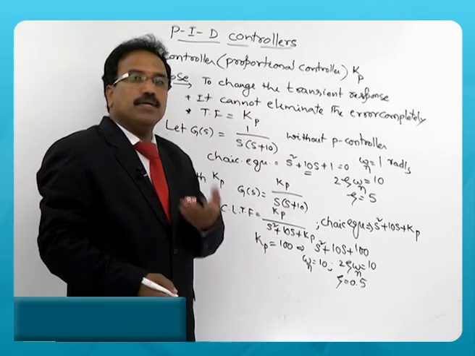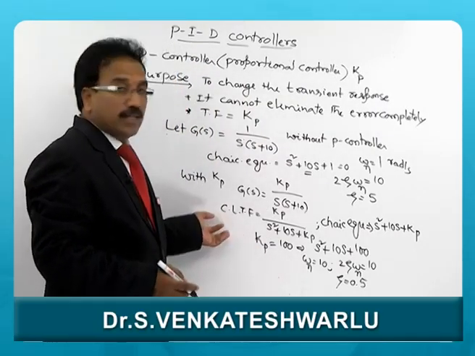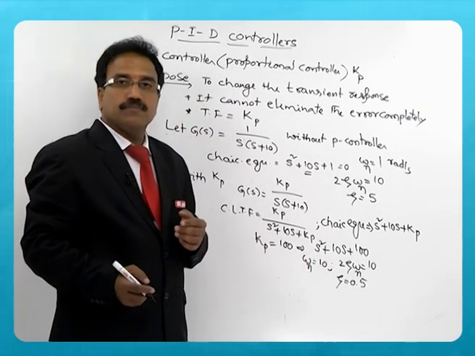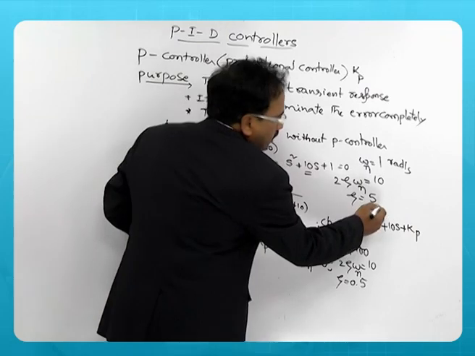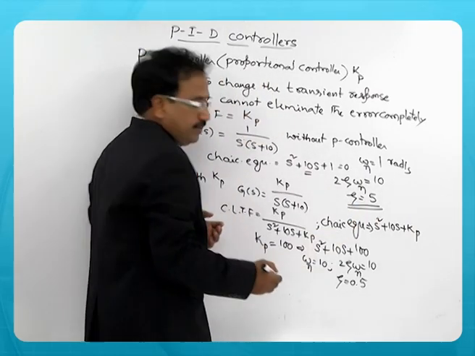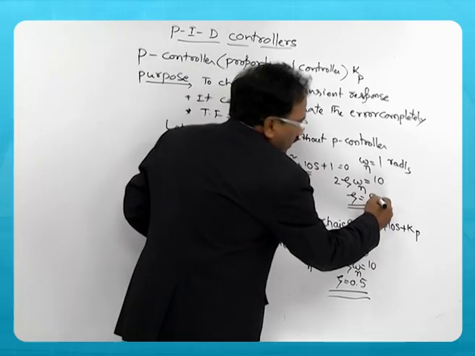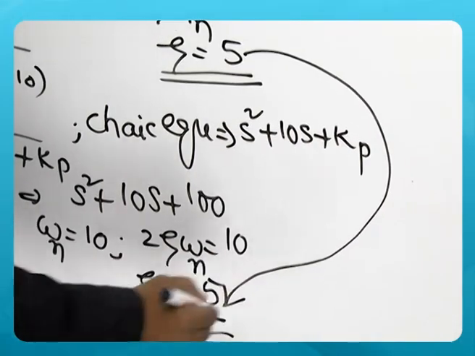So the damping coefficient with controller having the value of 100 has become 0.5. You can see now zeta is 5 without controller, zeta is 0.5 with controller. So there is a reduction in the zeta.